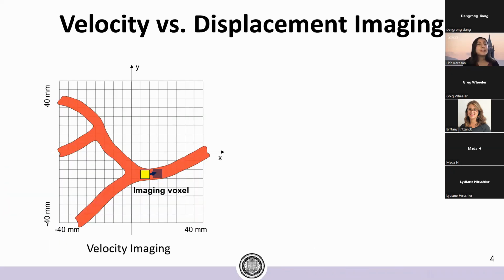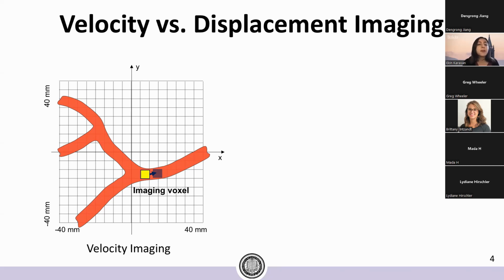Unlike phase contrast, which measures velocity, the technique that we will use today measures displacement. Here I want to talk about the difference between velocity imaging and displacement imaging on a schematic of a tree of vessels. A velocity measurement corresponds to the particular direction that the spins are traveling to during imaging.